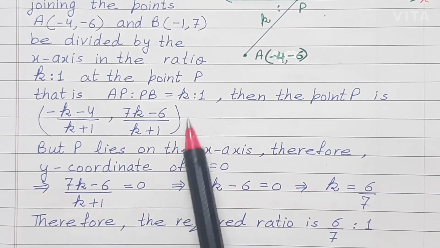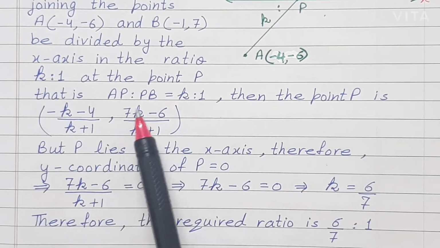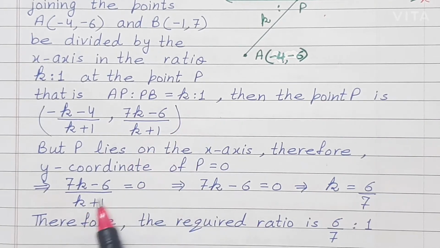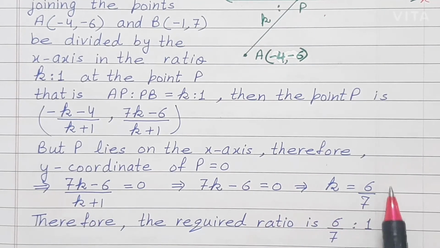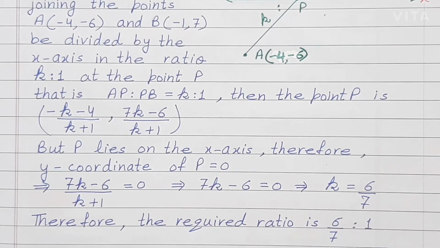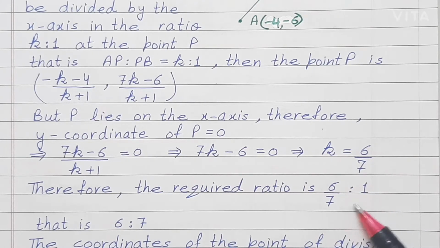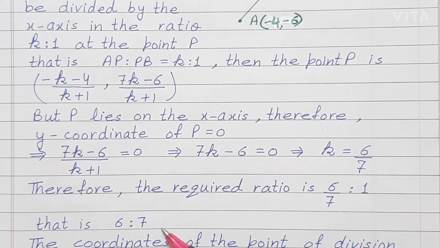Now the y coordinate is (7k minus 6) upon (k plus 1), so that is equal to 0. By comparing it with 0, the value of k is 6 upon 7. So that means the required ratio is 6/7 : 1, that is 6:7.